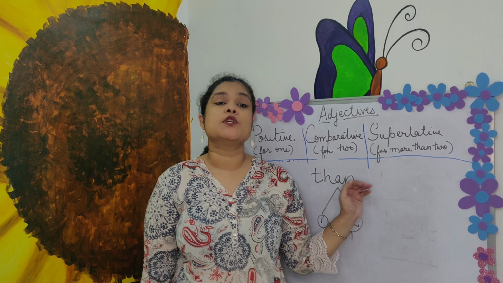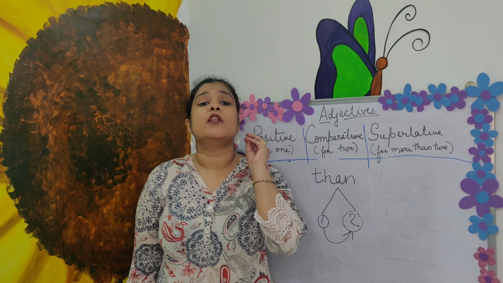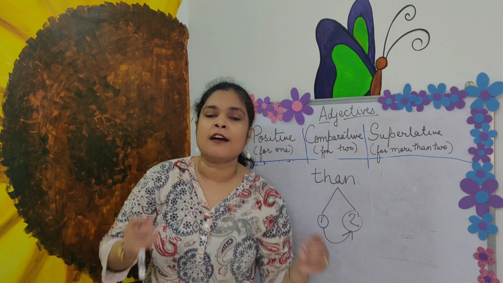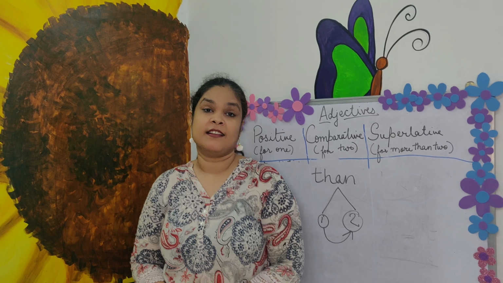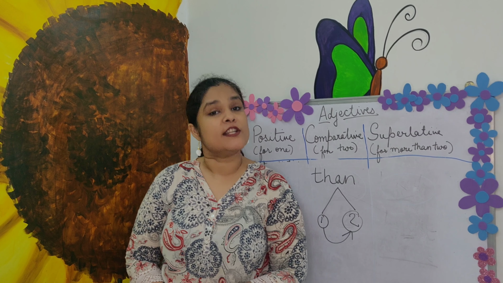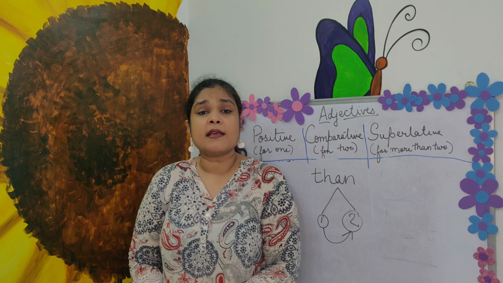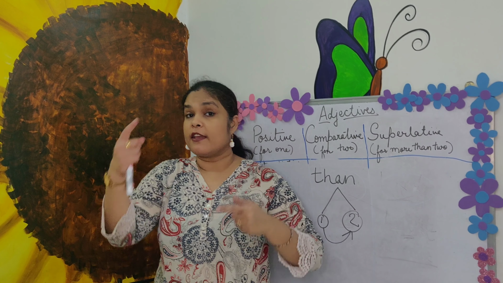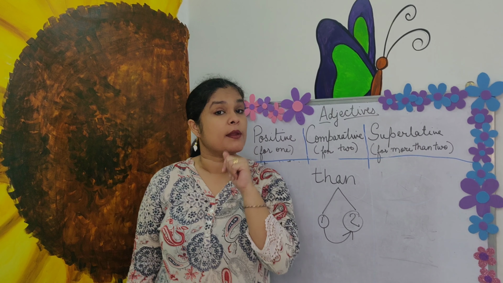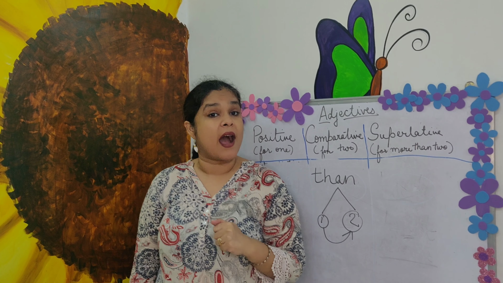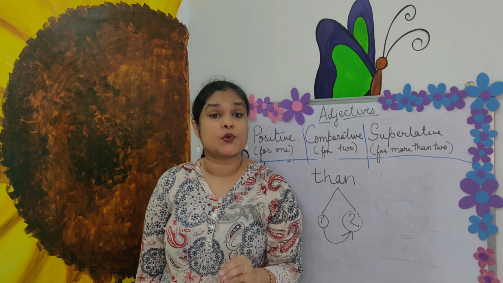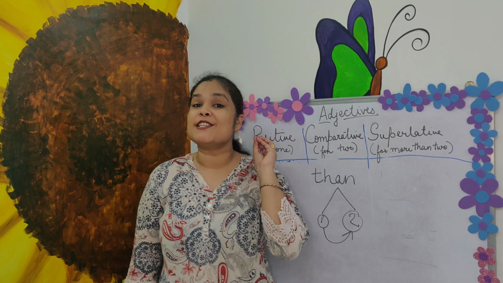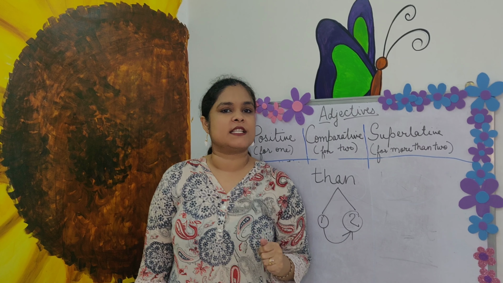And when we use superlative degree, we will always use the article the just before the superlative degree of adjective. For example, Priya is the prettiest girl. The prettiest. Do you remember when we were doing articles and the rules associated with the, I told you we always use the with superlative degree.